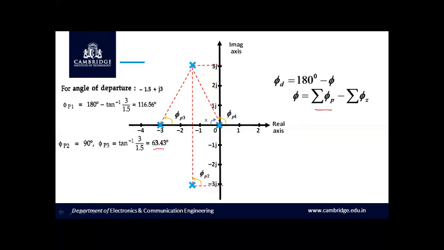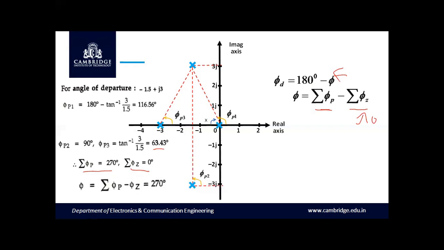Now we have to sum up phi P1 plus phi P2 plus phi P3 to get summation phi P. As we don't have any zeros here, this contribution is 0. So after substituting for phi P1 plus phi P2 plus phi P3, we get summation phi P equal to 270 degree and summation phi Z equal to 0 degree.